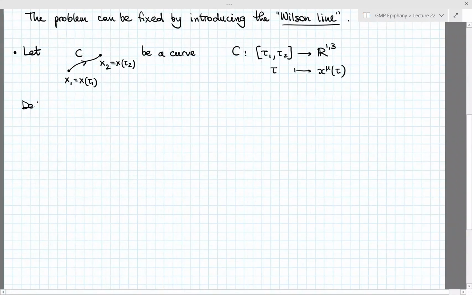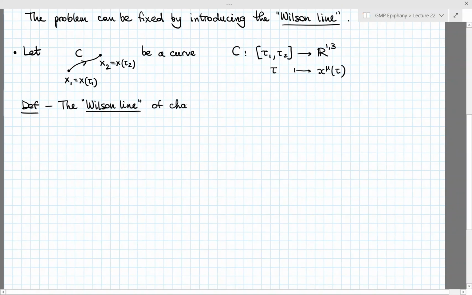Okay, then given this curve, we can define the Wilson line, in this case of charge 1, along the curve C, is denoted by W_C.